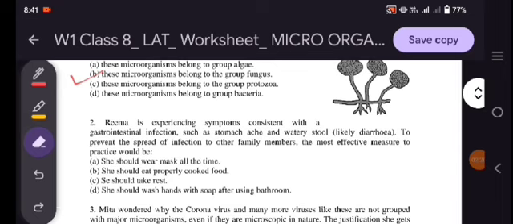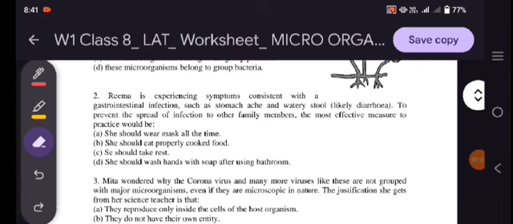To prevent the spread of infection to other family members, the most effective measure would be: she should wear proper masks all the time; she should eat properly cooked food; she should take rest. Here the spelling of the word "she" is wrong, it is written SE but the correct spelling is SHE, so ignore that. She should wash hands with soap after using the bathroom.